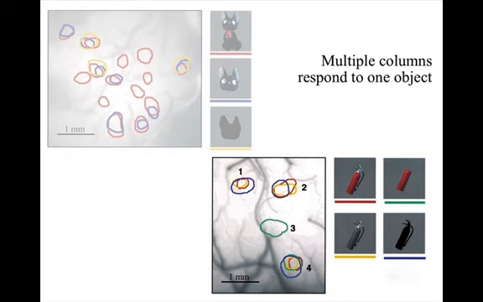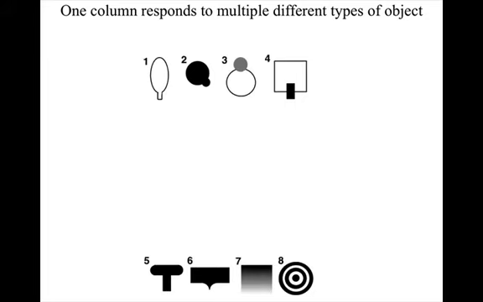But note that in this case, there's a receptive field, circled in green, that's detected in a component of the full visual object, but not in the complete object. Another significant observation is that when the brain sees different types of object, sometimes the same column detects its receptive field, perhaps especially if there's some partial degree of visual similarity.